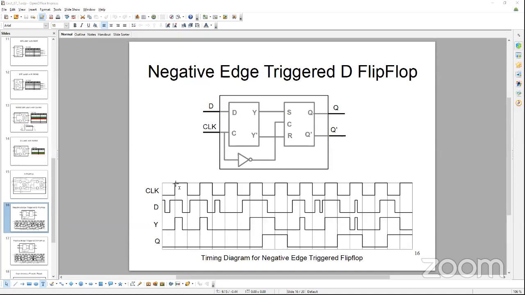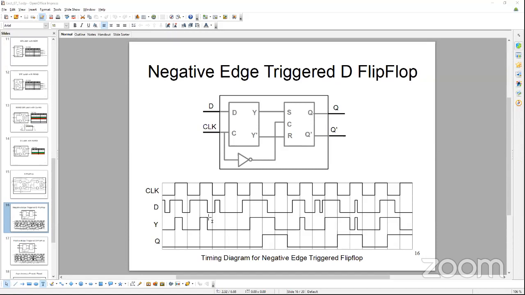And then at the beginning of this high logic of the clock, Y is following the D logic itself. See that during this time D was high, then went to low, and then it went to high again during the low clock logic, but Y did not follow.